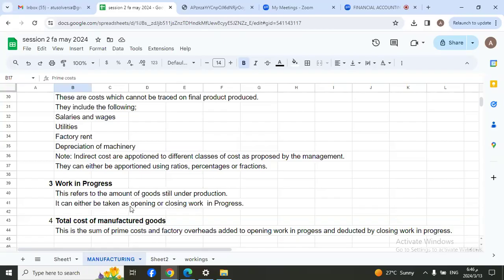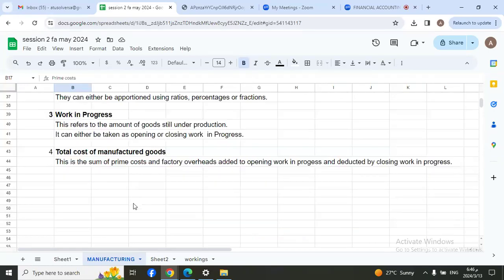So we normally value and ask, how much quantities do we have still under production? We account for that and we take it as a closing work in progress. So this is all about the manufacturing account.